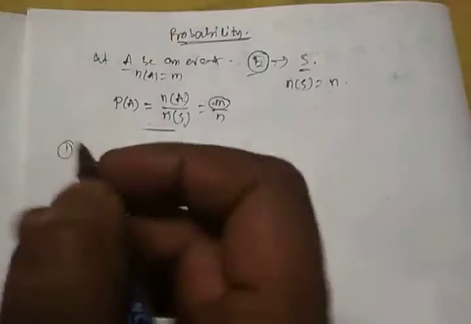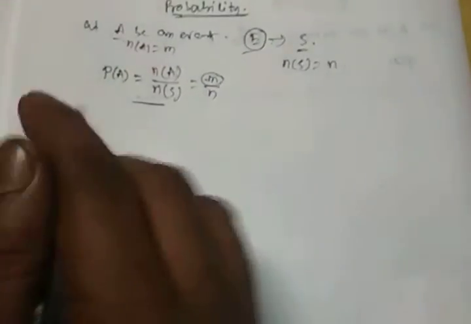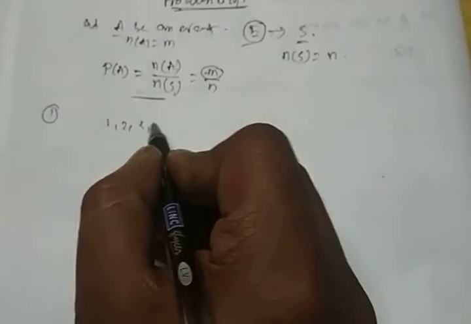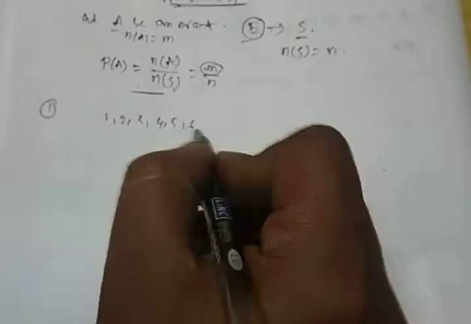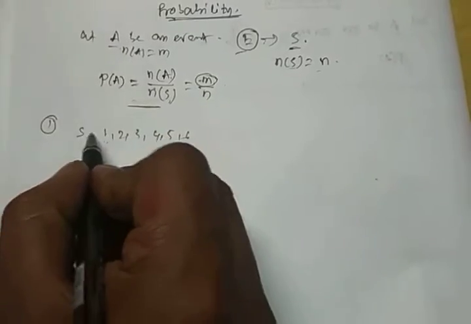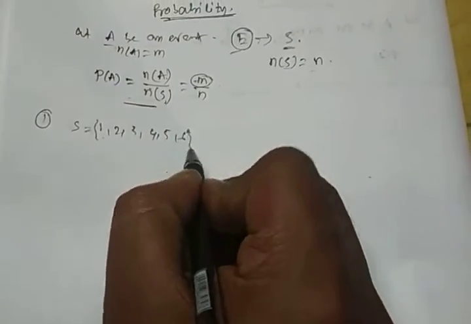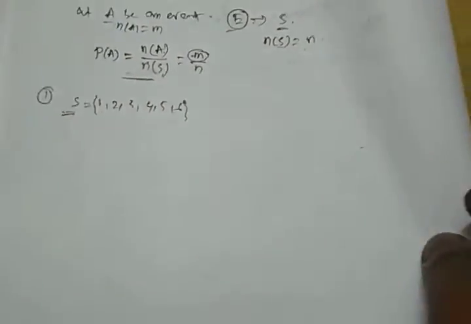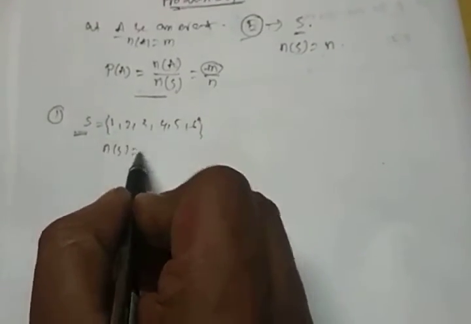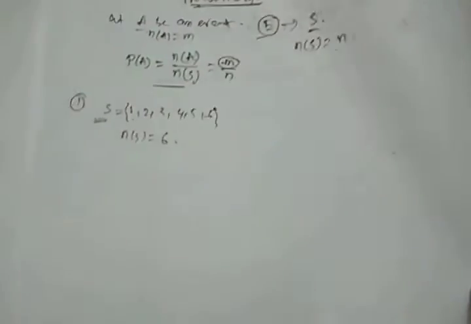Whenever we throw a die, the outcome may be 1, 2, 3, 4, 5, 6, any one of these may be the outcome. So the total outcomes will be 1, 2, 3, 4, 5, 6, which are the elements in the set S, which is the sample space. So the number of S will be 6.